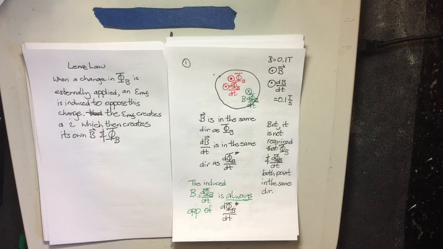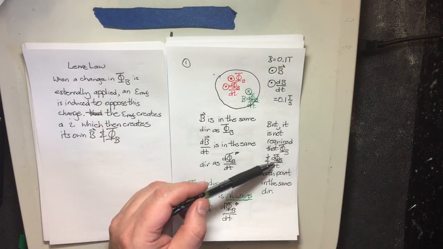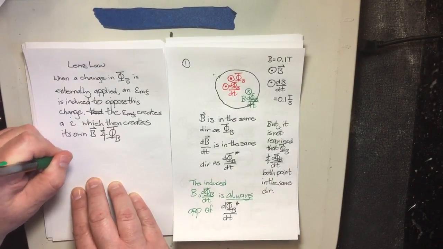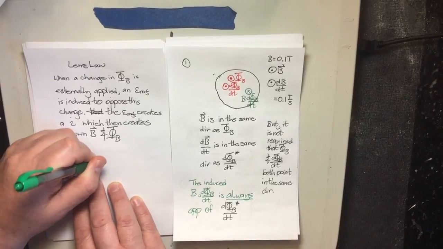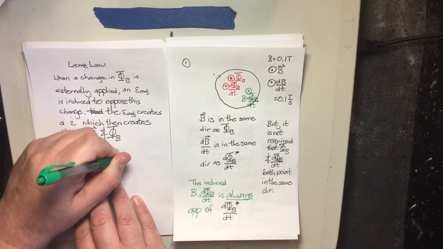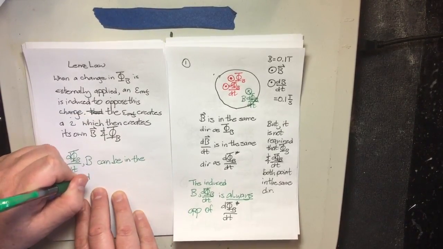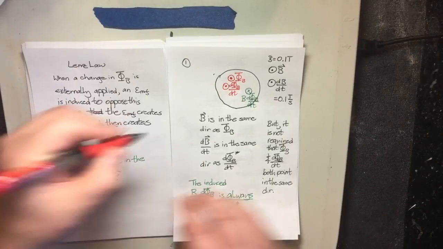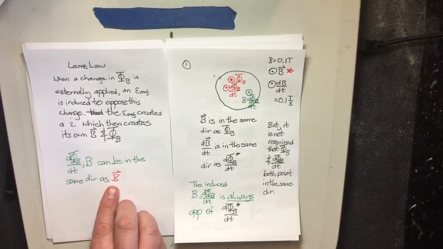Always, always. Now, because I have said that it is not required that magnetic flux and the change in magnetic flux both point in the same direction, they can be in the same direction as the normal external B field. They can be opposite.